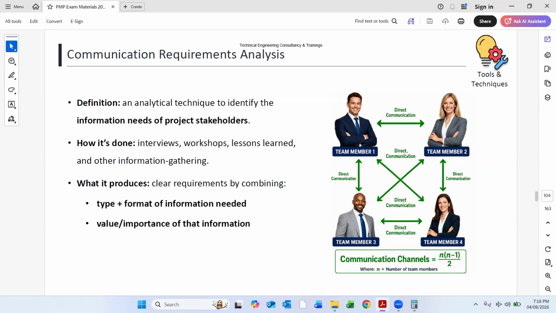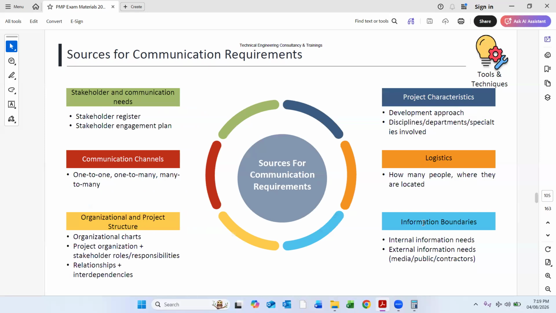There can be one-to-one communication, there can be cross communication, there can be again a direct communication. So if we calculate this communication based on this formula, n into n minus 1 divided by 2, we will get the communication channels. Source of communication requirements.